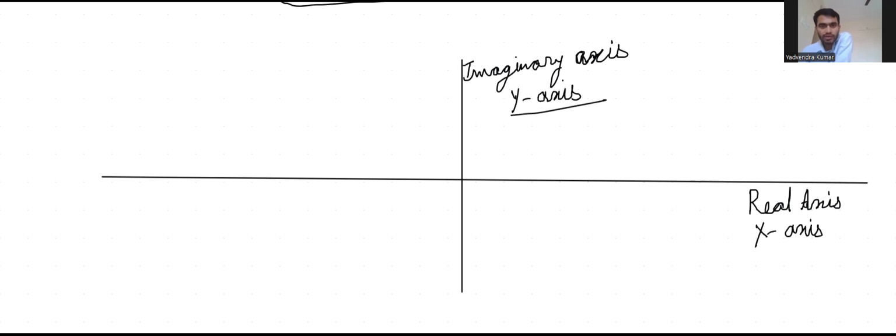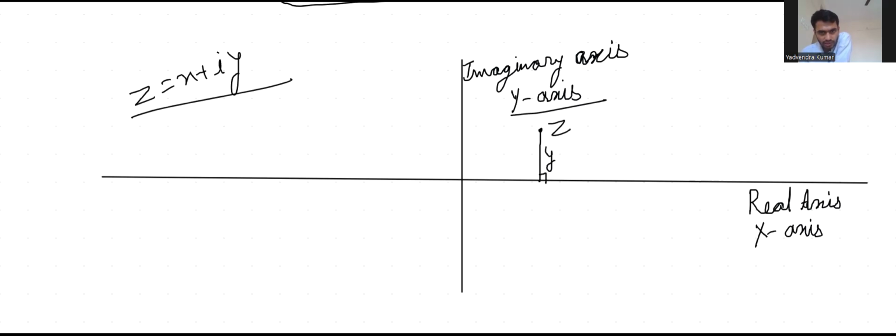So here, how are we going to represent a complex number z equal to x plus iota y? To represent this, we draw a picture like this. If this is the point z, then the distance from the x-axis is y, and the distance from the y-axis is x. And I told you initially that when we come to the diagram, I will tell you what the modulus of z is.